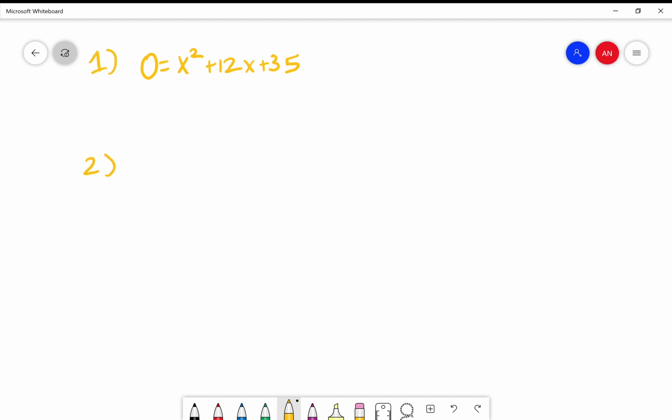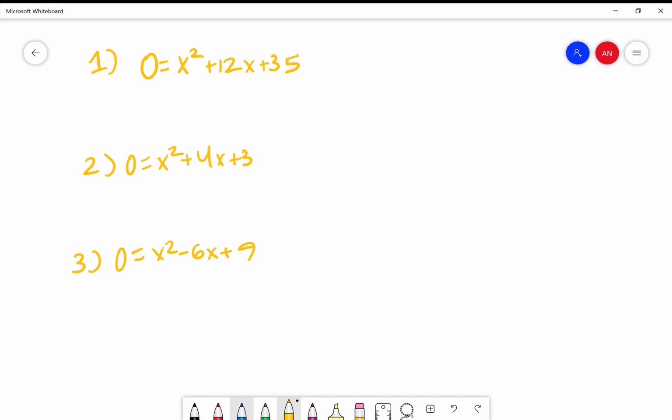Let's have 0 is equal to x squared plus 4x plus 3. And let's have 0 is equal to x squared minus 6x plus 9. Take a minute and solve them. You can pause the video.